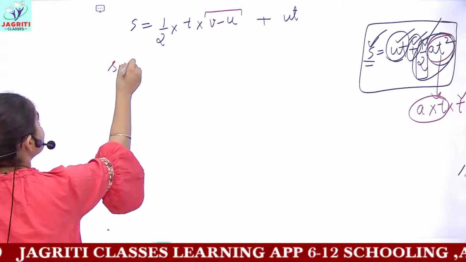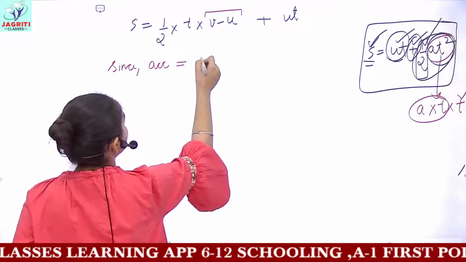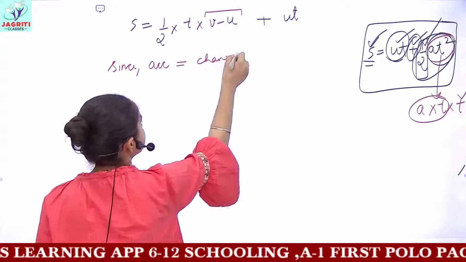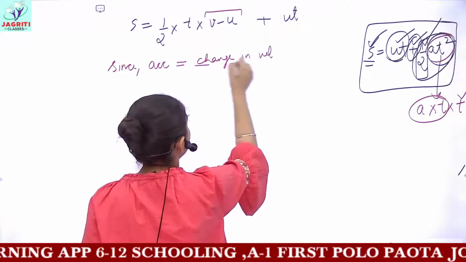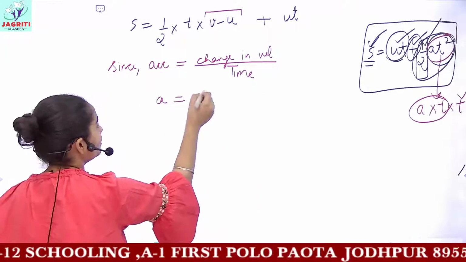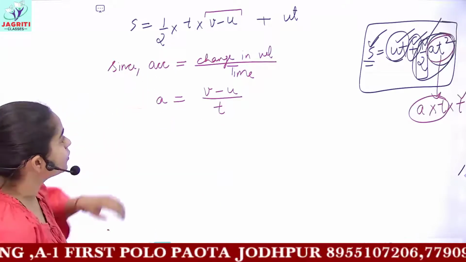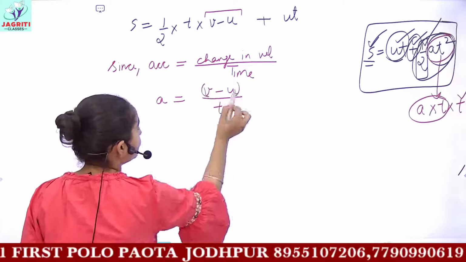So let's see, we'll write, since we know acceleration is equal to change in velocity upon time, we can write it in mathematical form. Acceleration is v minus u upon t. So from this equation, I can find the value of v minus u.